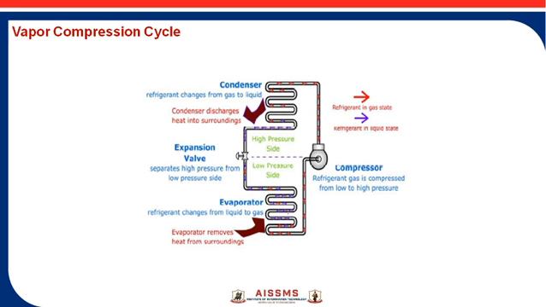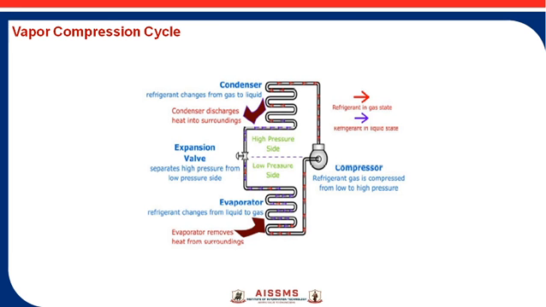The evaporator is the main component, or we can say the brain of the refrigerator, which controls the temperature inside the occupied space of the refrigerator and maintains the cooling effect.